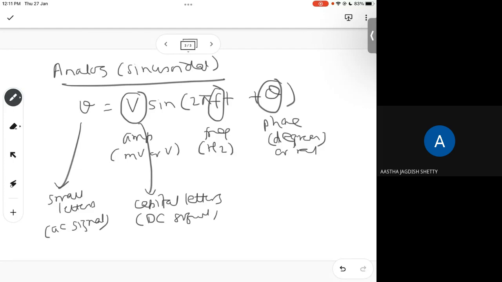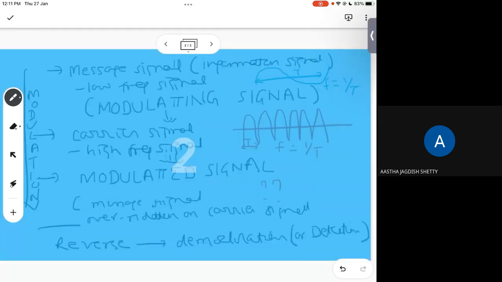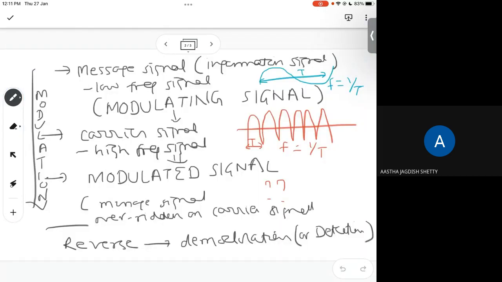So to start with, we are talking about the analog modulation only. And analog modulation implies the analog signal, which to start with, we assume to be in sinusoidal form. In the previous slide, we talked about the message signal. Sometimes this is also called the baseband signal.